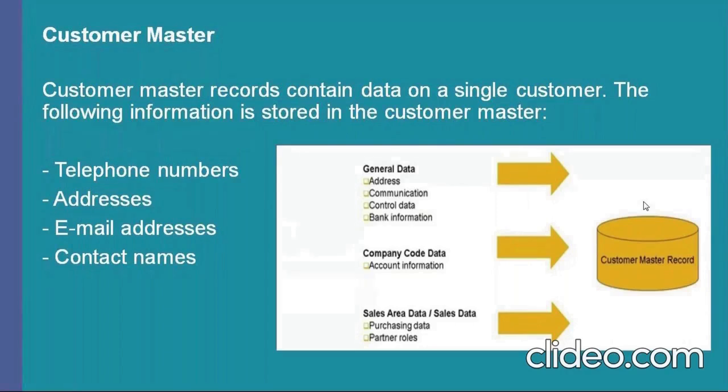Under ERP customer you have company code and sales area, whereas in ERP vendor you have company code and purchase org. These are the details we will talk about more whenever the opportunity comes.